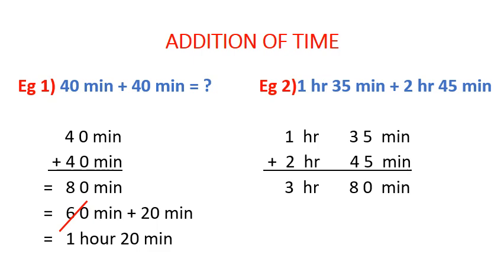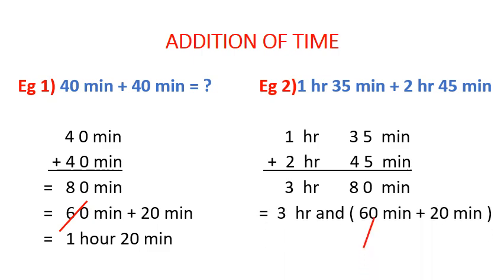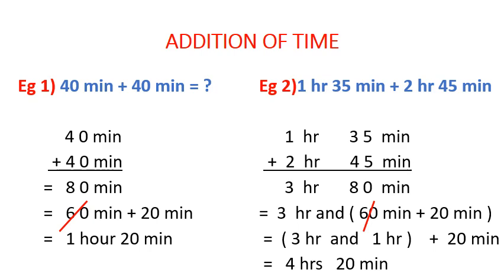Now see 80 minutes. We know that 80 minutes is equal to 60 minutes plus 20 minutes. So 60 minutes will become 1 hour. So 3 hours and 1 hour plus 20 minutes. That is same as 4 hours 20 minutes.